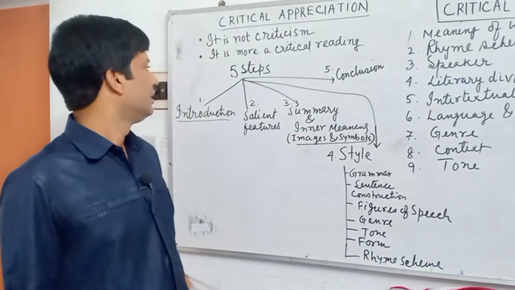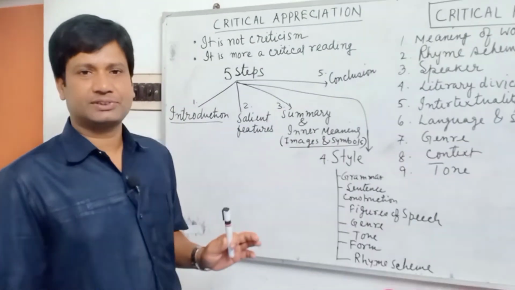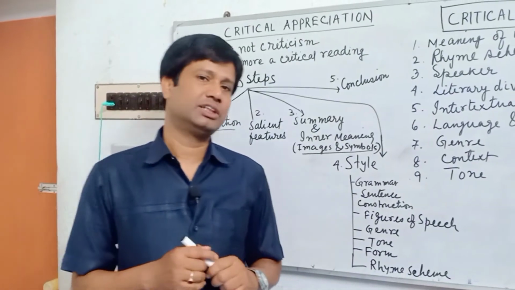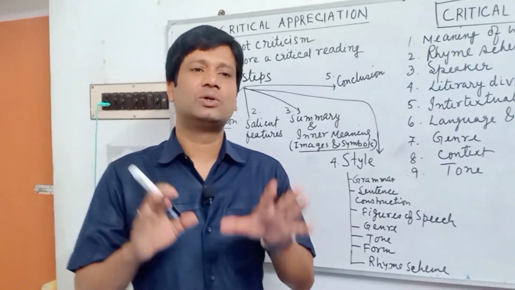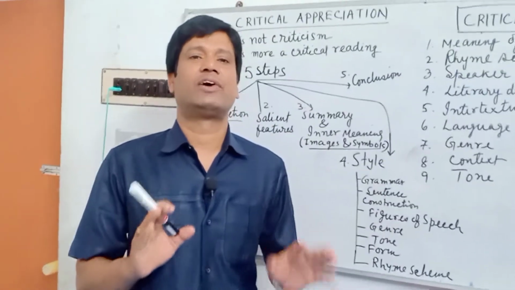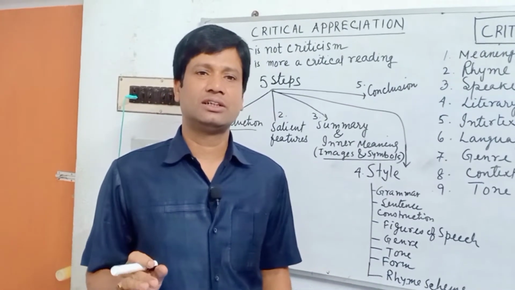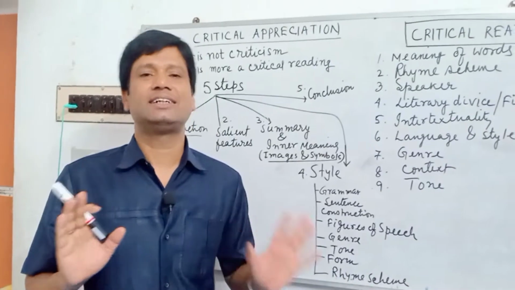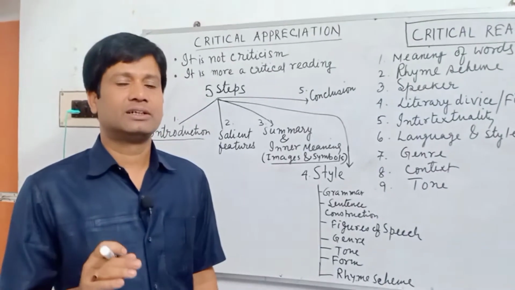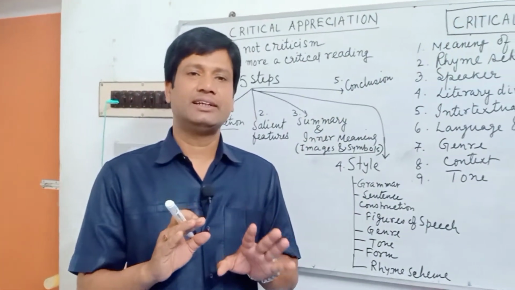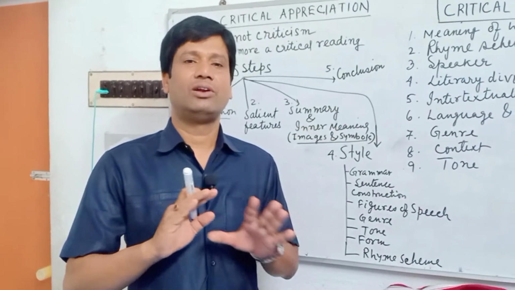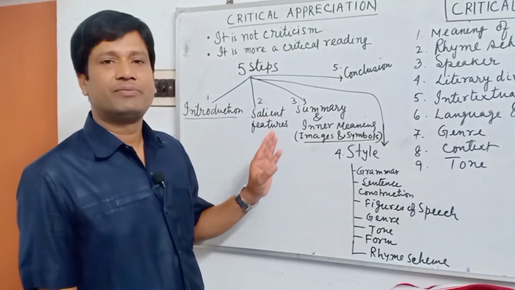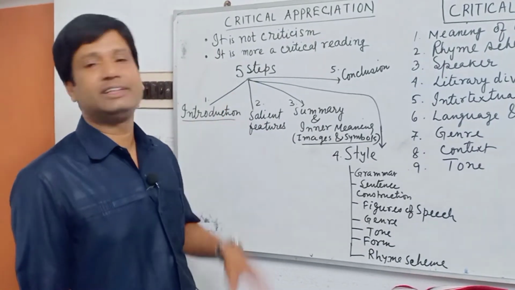Okay? There are 5 steps, I think, to write critical appreciation. Though there is no format for writing critical appreciation, there is no framework to write critical appreciation, but it should be written in a logical way. I think it should be presented through 5 steps.